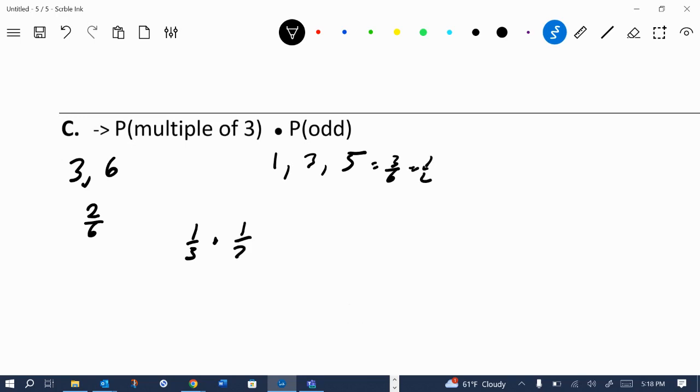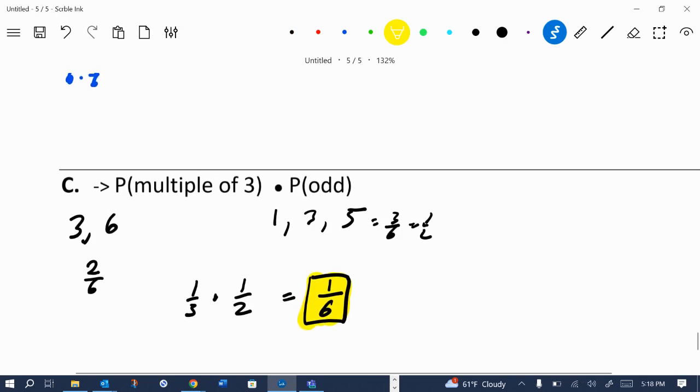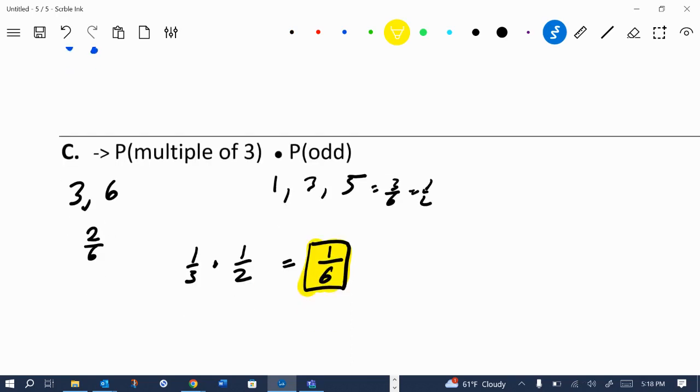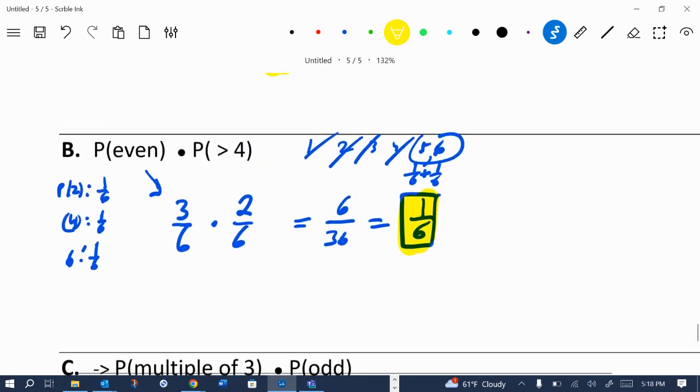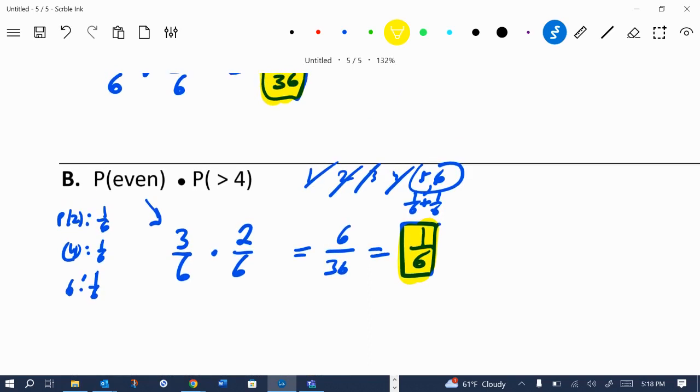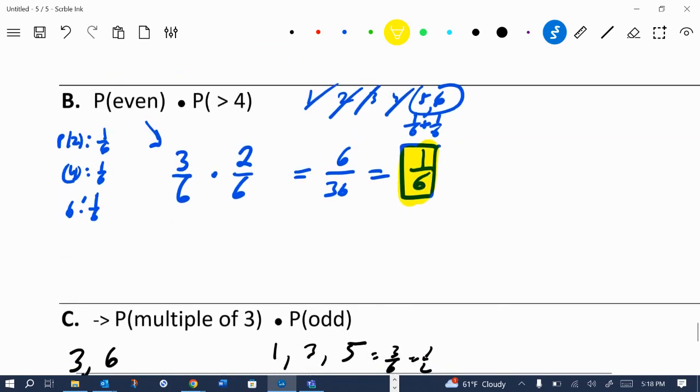So we would have 1/3 times 1/2, which would be, again, a 1/6 chance, or about 12.5%. So about 12.5% of the time you could roll a multiple of 3 and then roll an odd one. Just like here, about 12.5% of the time you would get an even number and then roll again and get a 5 or a 6. So it's not a great chance, but it is definitely a chance that can happen.